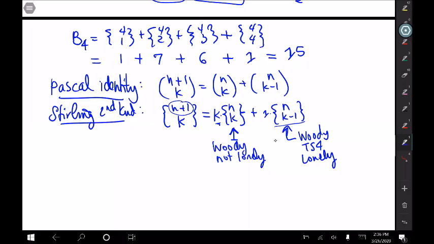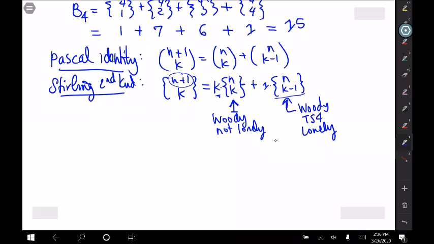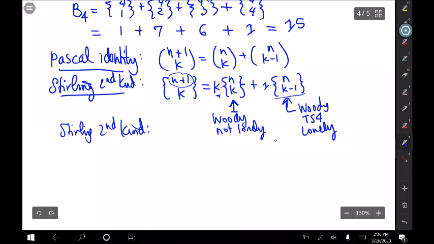Now next, let's have a look a little bit deeper. I'll do two things now. Now that we know this recursion, we can build ourselves a new triangle. This is a Stirling second kind triangle. Let's do it, and then from there I will try to find a closed form formula.